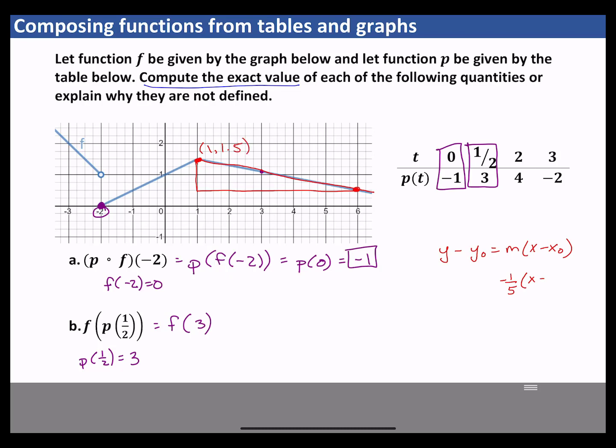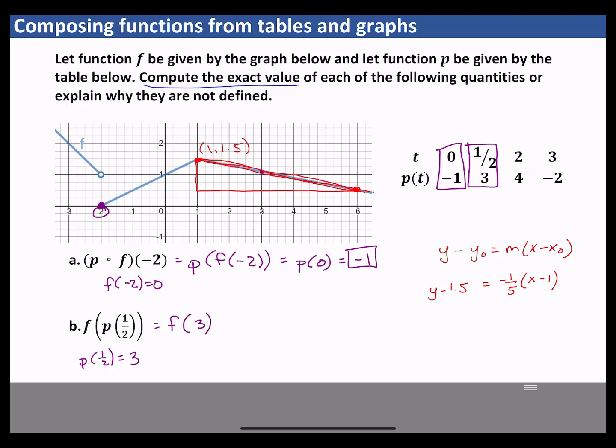So we're going to have x minus 1.5, and then y minus, whoop, I have that backwards, don't I? Sorry. We're going to have x minus 1, and then y minus 1.5. So y minus 1.5 equals -1/5 times (x minus 1). That gives us the equation for this rightmost piece of function f.